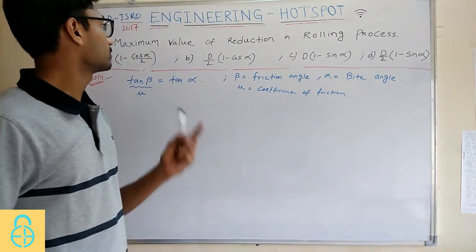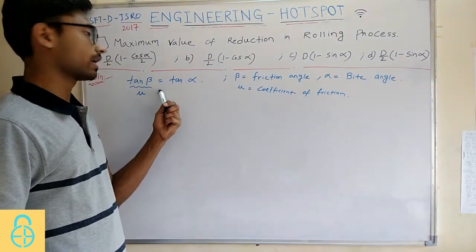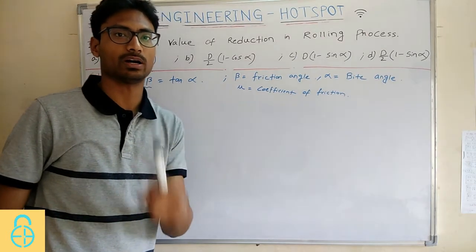To get the maximum reduction, you have to have beta equal to alpha.